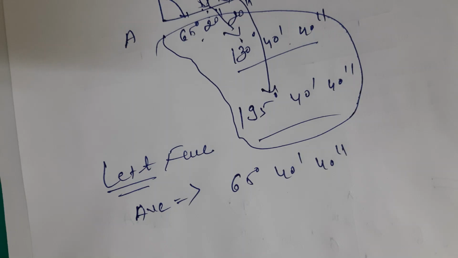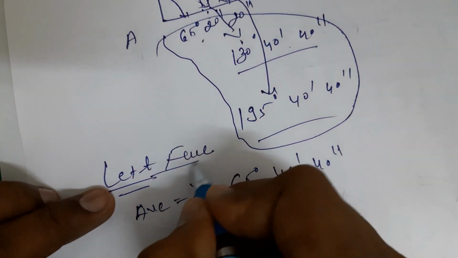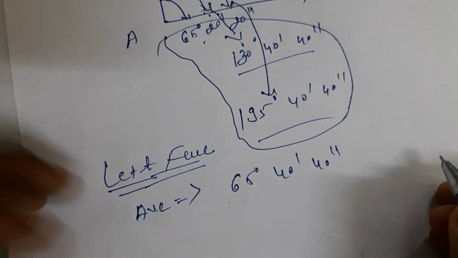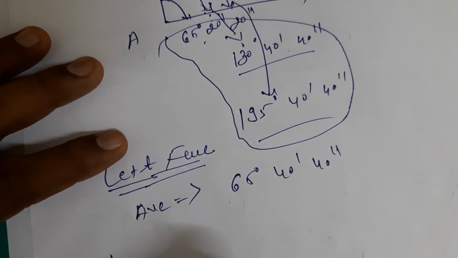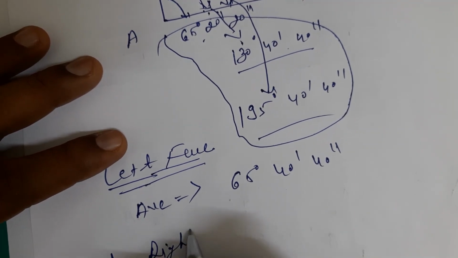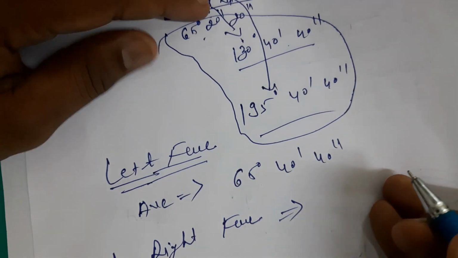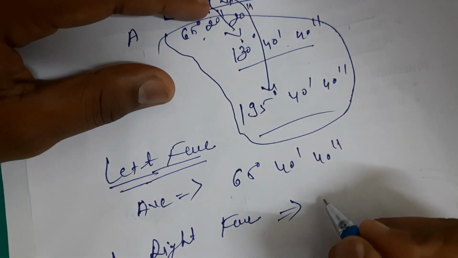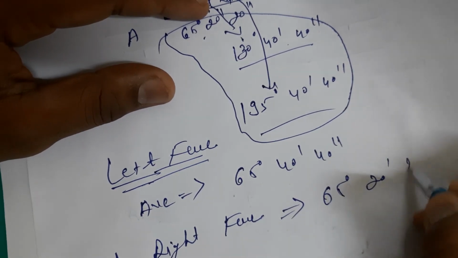This is the value from the face left. We repeat the same procedure for the right face. From the right face the average value we get is about 65 degrees, 20 minutes and 20 seconds.